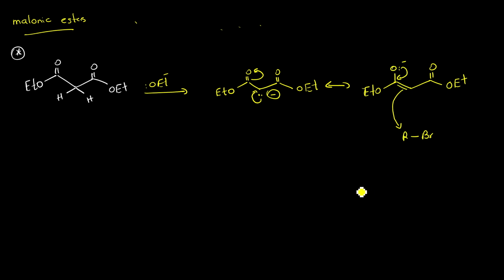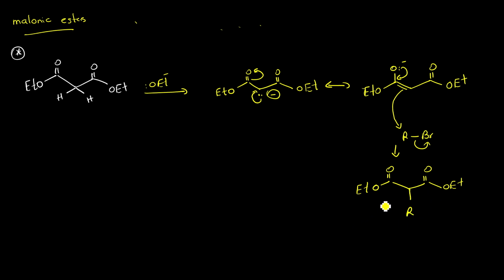Now you can obtain this particular compound. With this attack, the bromine is going to be eliminated, and we have the R group here.